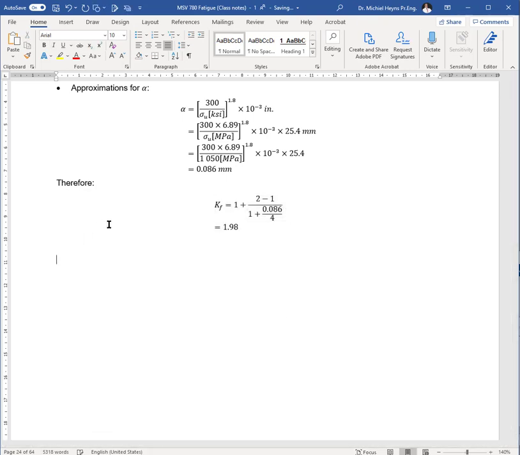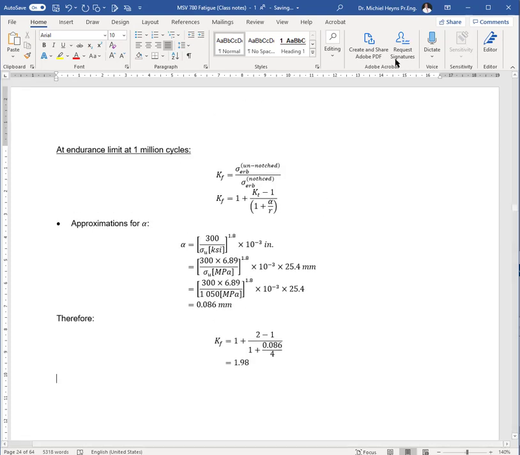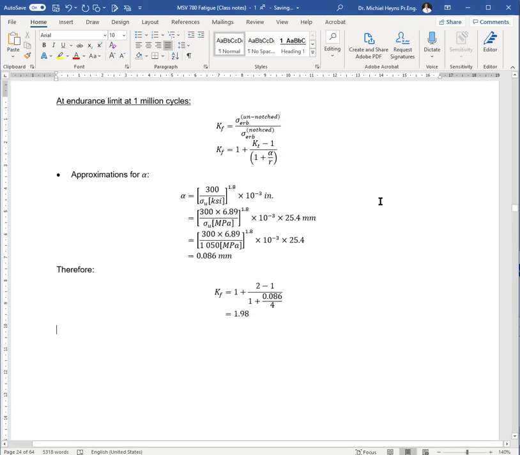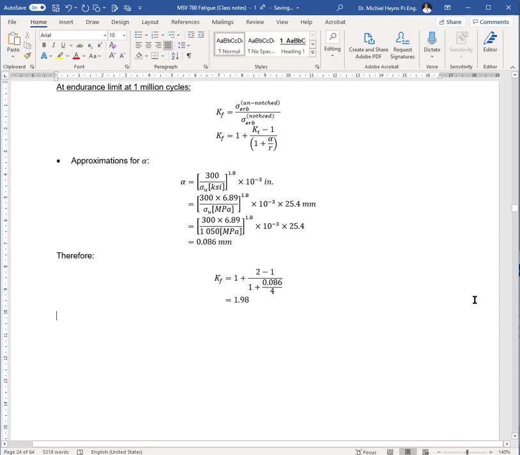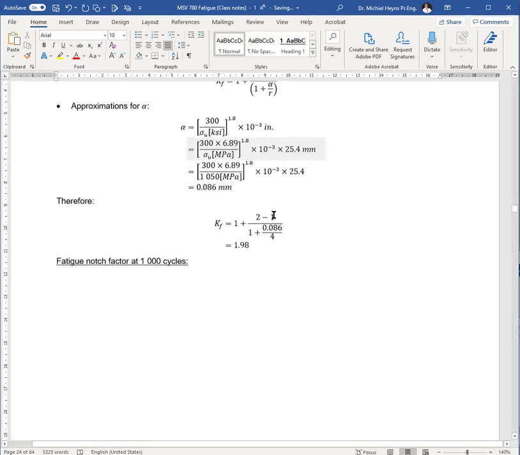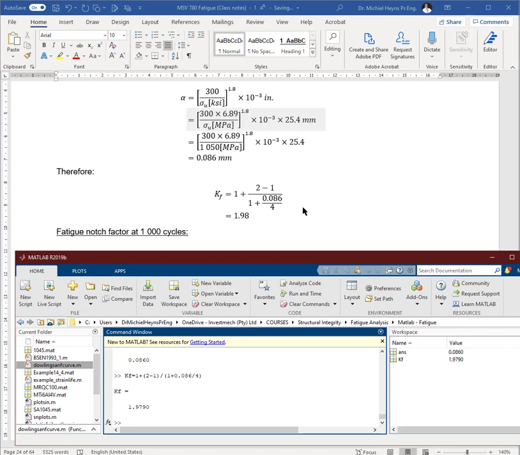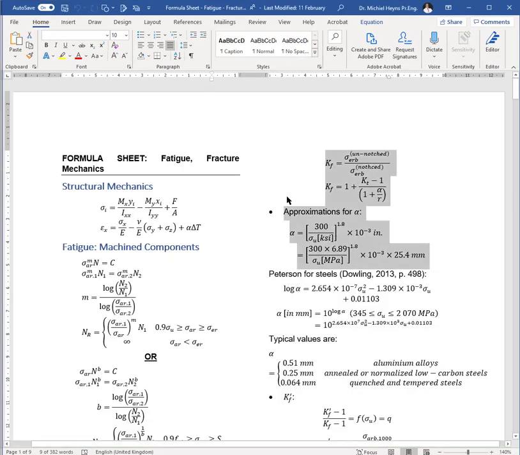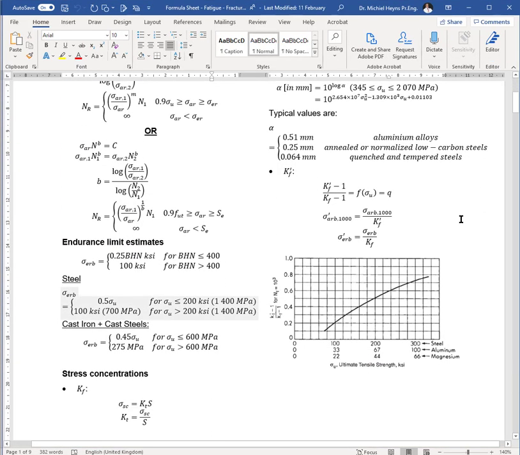Let me put an enter in here so that I can align these at the equal sign. Good. Now we need to get the fatigue notch factor at 1000 cycles. If we go to our formula sheet, this is what we have in that case.